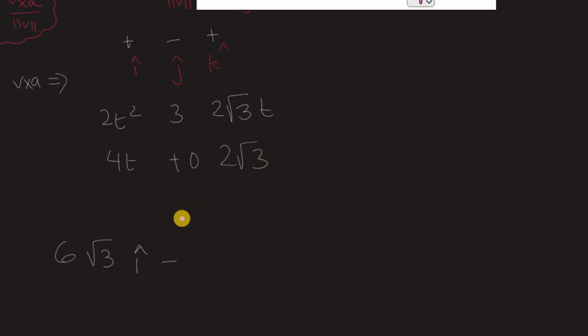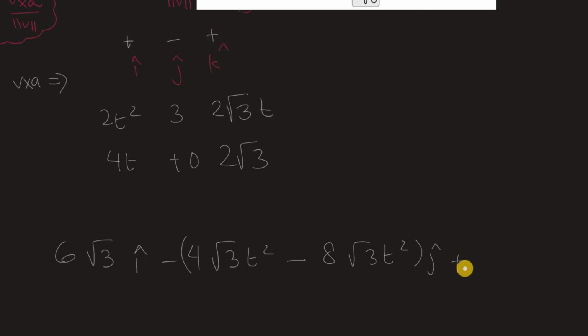So this times this, this is gonna give us 4 square root of 3 t squared, and then we have negative this times this. Okay, that's gonna be 8 square root of 3 t squared. Okay, and then this whole thing belongs to j hat.